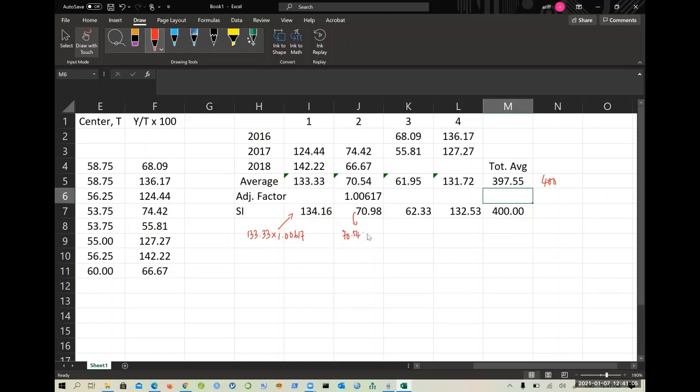You multiply with 1.00617. Okay. So how do you get this adjustment factor? This one is actually 400 divided by 397.55. Okay, clear? So that is the seasonal index untuk answer for the second part.